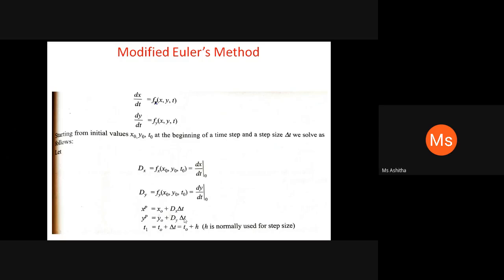So here, when you change the derivatives for the next steps, your t will become t1. So t1 is equal to t naught plus the step size.